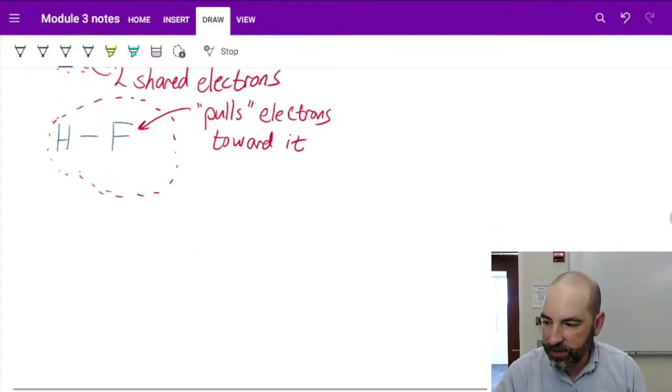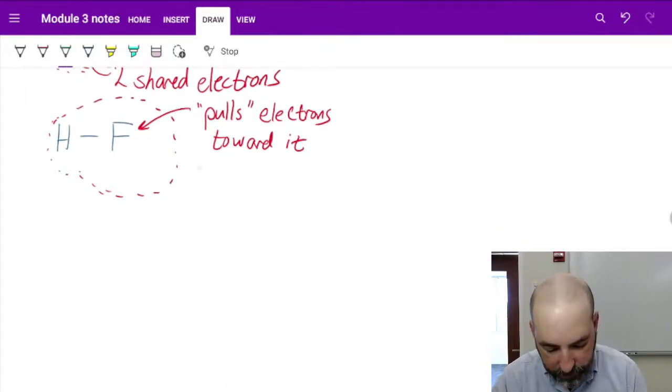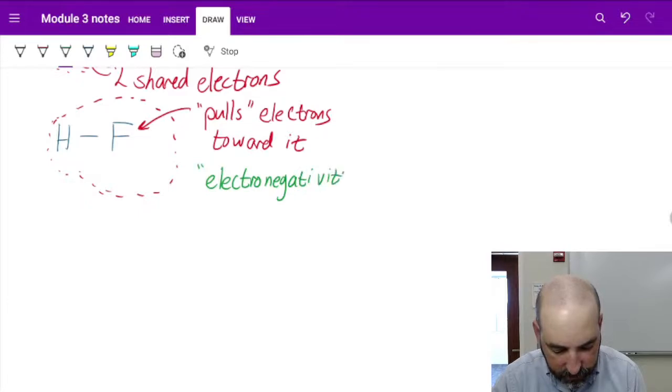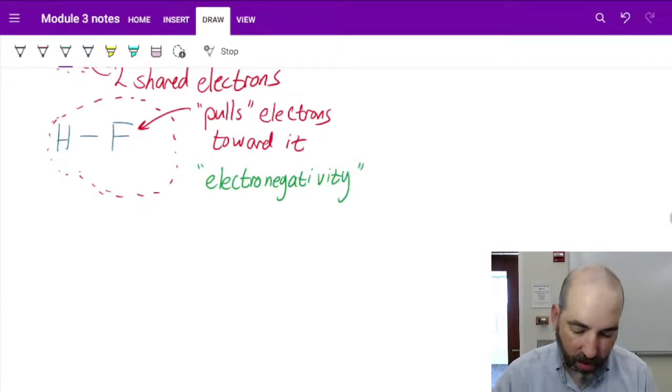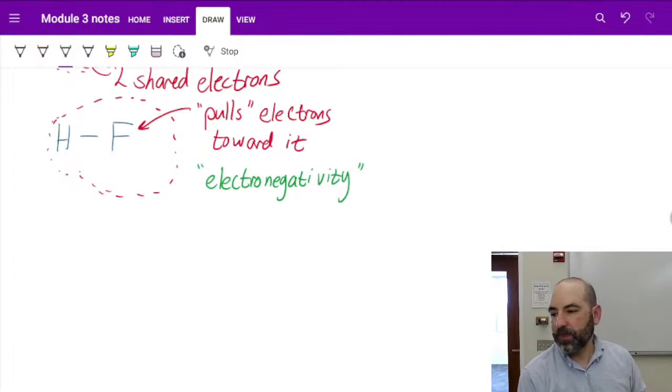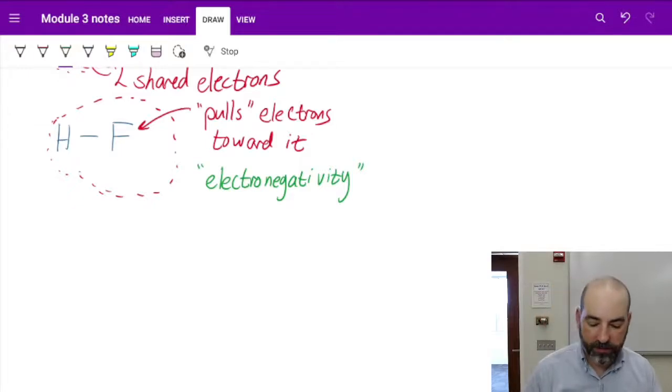And we have a name for this phenomenon. We call it electronegativity. So atoms that are highly electronegative pull the electrons in a shared bond more toward themselves.